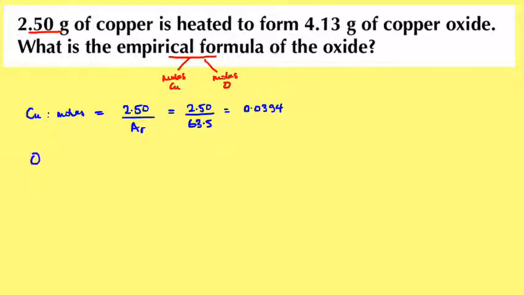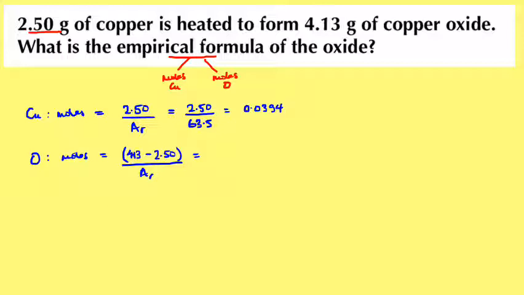So let's switch to oxygen. So the moles of oxygen are going to be our mass of oxygen. The amount of oxygen we've got is going to be the difference between the mass of copper oxide minus the mass of copper that we started with, because we have to assume that we've not lost any copper in this process. So we're going to put that in brackets, and then that's all going to be divided by the AR of oxygen.